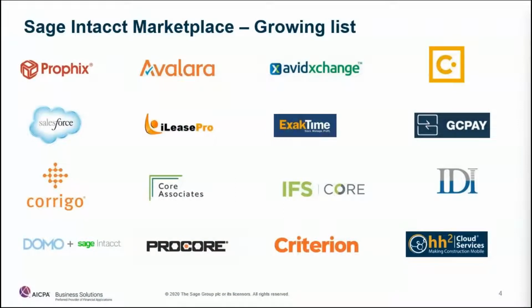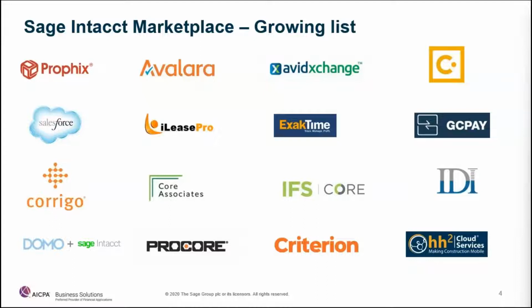Because of those 50,000 reasons and because of Sage's reputation in the market, many other companies are rushing to interface with Sage. And because Sage Intacct has open APIs, it makes it very easy for them to develop that interface.